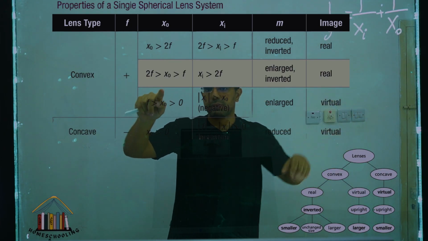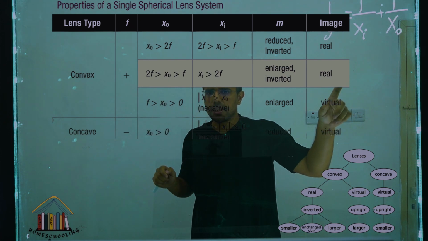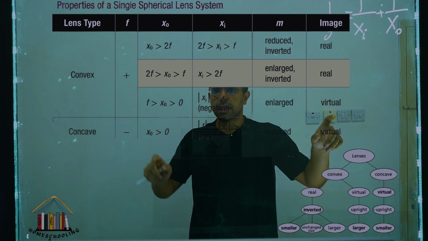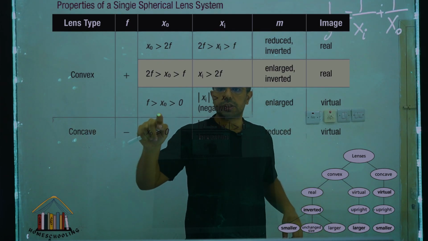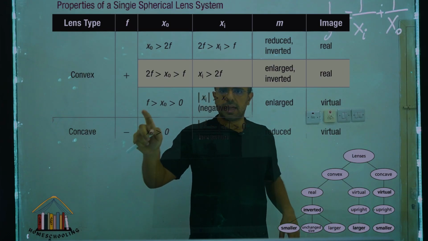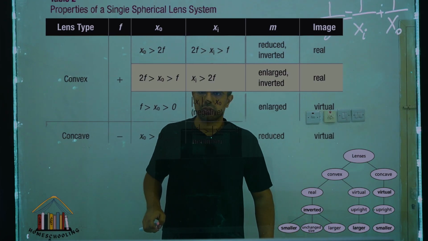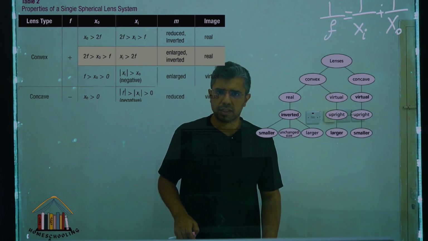Or if it's between f and 2f, it also produces a real image. It could produce a virtual image, as we saw earlier, if the object is positioned between O and the focal point. So keep that table in mind. It will help us solve the questions.